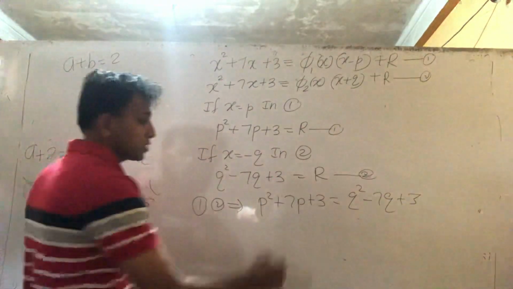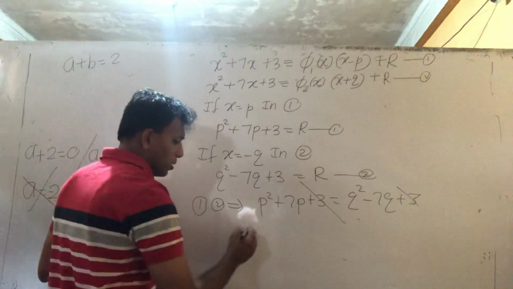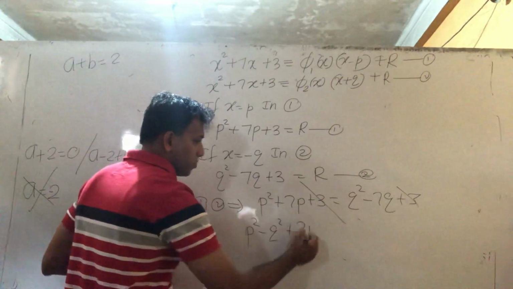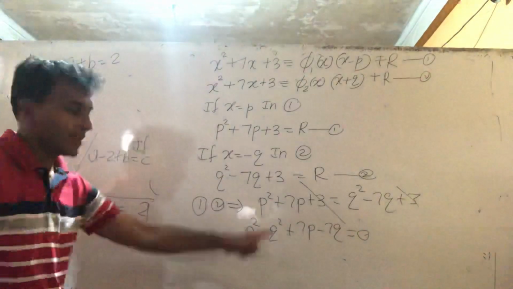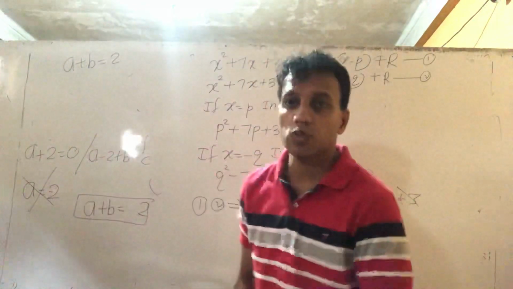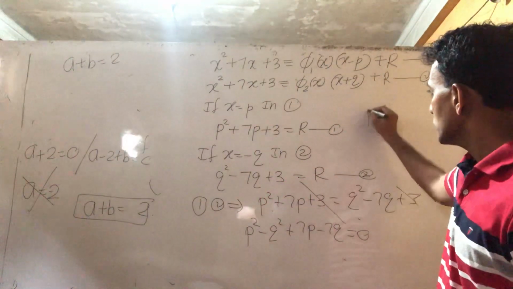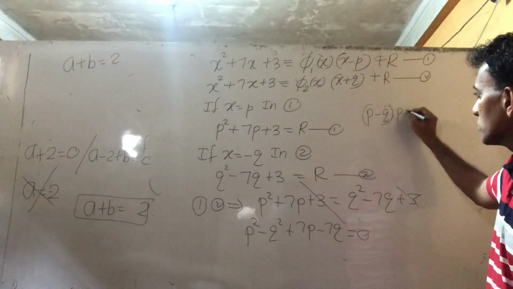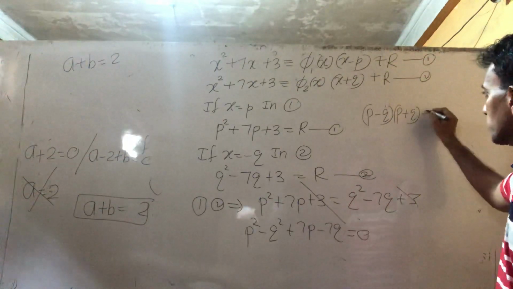So on both sides the 3 cancels. Take everything and do some factorization. p square minus q square plus 7p minus 7q. You can factorize p square minus q square as p minus q, p plus q, right? Take the 7 out.